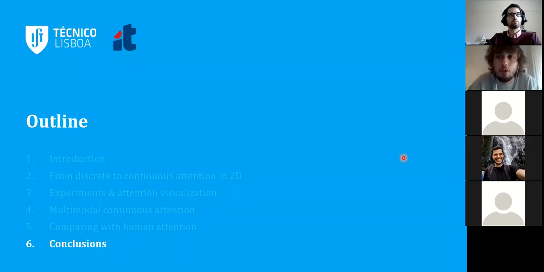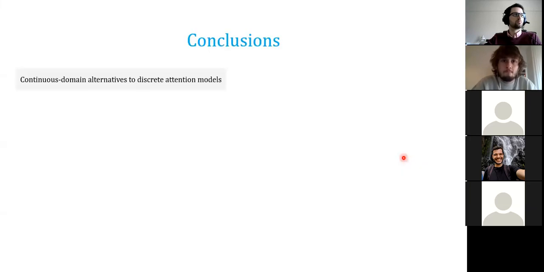To conclude, I'm going to sum up our main contributions and discuss some ideas for future research. So summing up, we presented continuous domain alternatives to discrete visual attention models. And we presented 2D continuous alpha-entmax attention mechanisms and derived efficient algorithms for the case when alpha is equal to 1 and to 2.